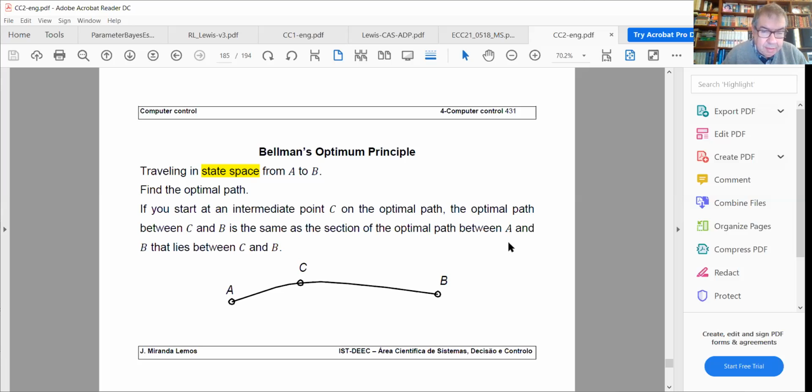And he coined the expression that we use, dynamic programming. So the idea is to use this optimum principle.